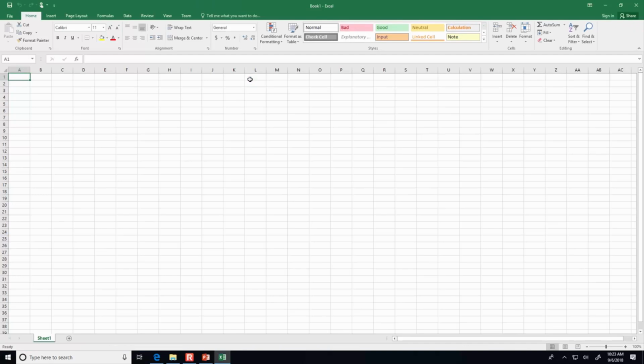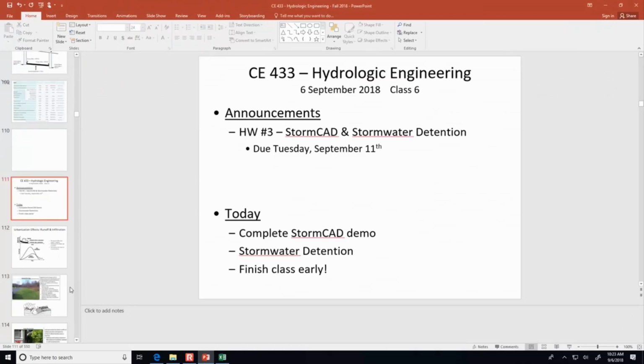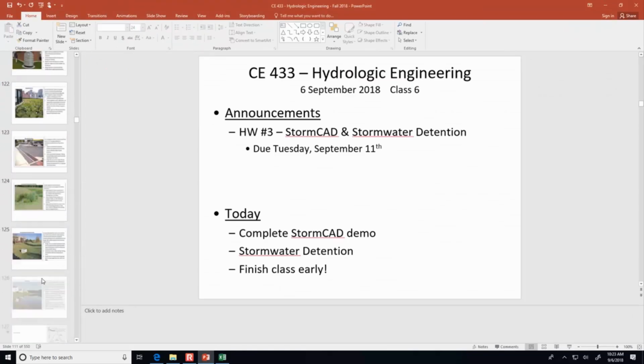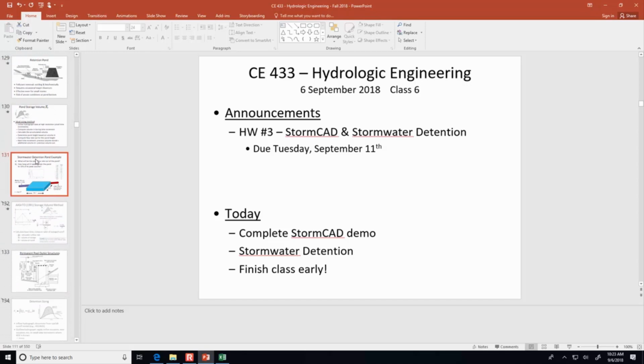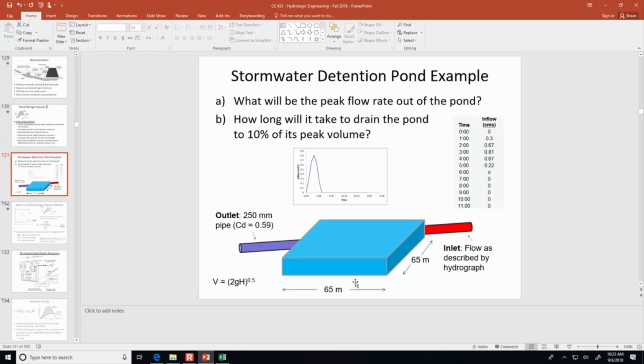So we'll start with a blank workbook. The pond characteristics: it's a 65 meter by 65 meter pond, that's the top view of the pond. So 65 by 65, and a 0.25 meter diameter pipe.